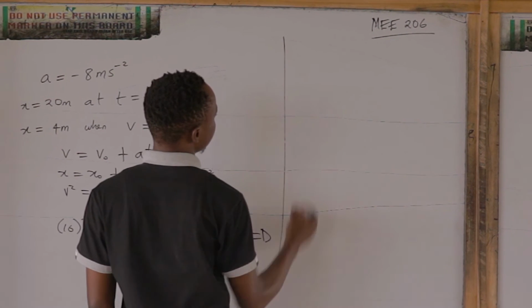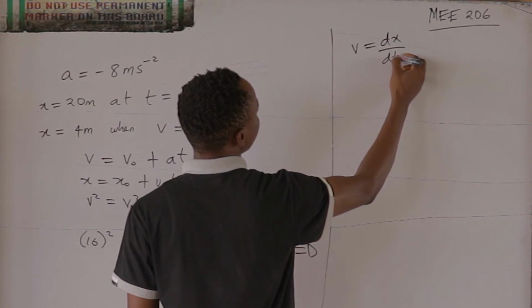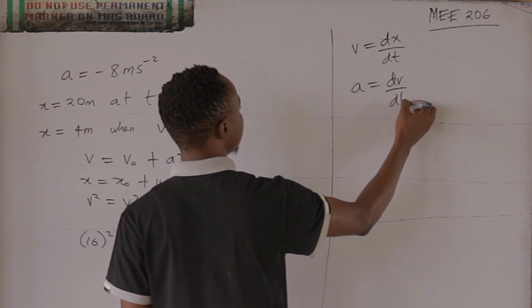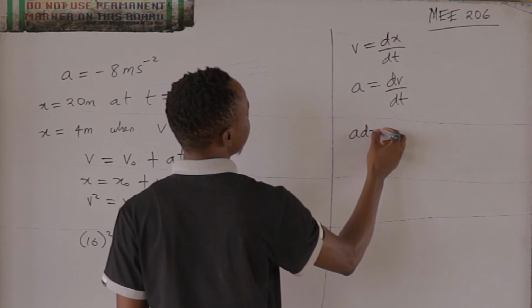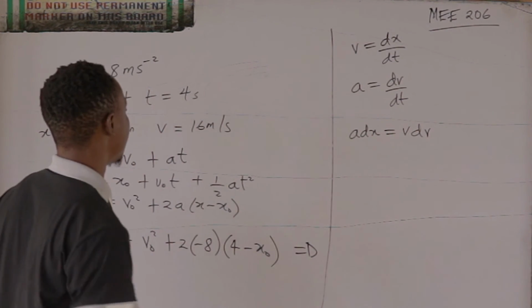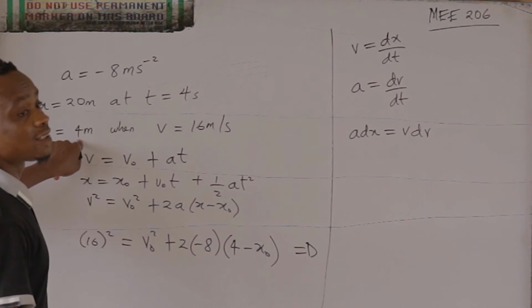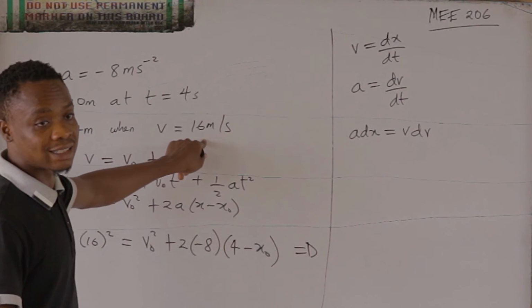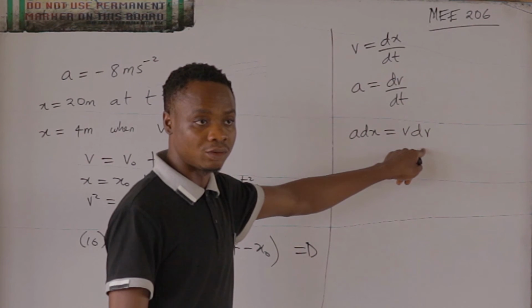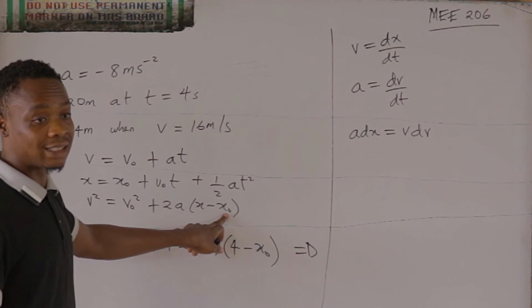I mean the equations v equal to dx dt, a equal to dv dt, and a dx equal to v dv. Can you remember this? So we can use that directly here. Here I'm given x equal to 4 where v equal to 16, so I can use this relationship. Why? I would not have to worry about what it was at x equal to 0.